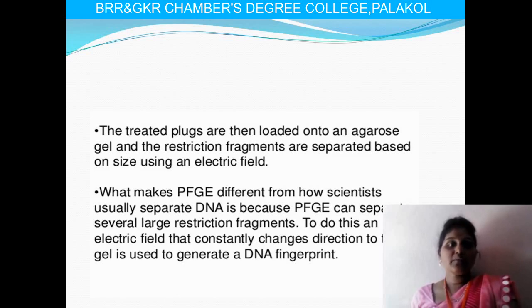What makes PFGE different from how scientists usually separate DNA is that PFGE can separate several large fragments and small fragments by using restriction endonucleases with an electrical field that constantly changes direction, which is used to generate the DNA fingerprint.